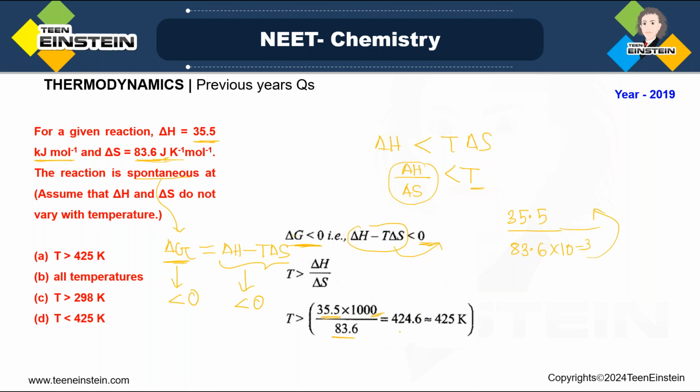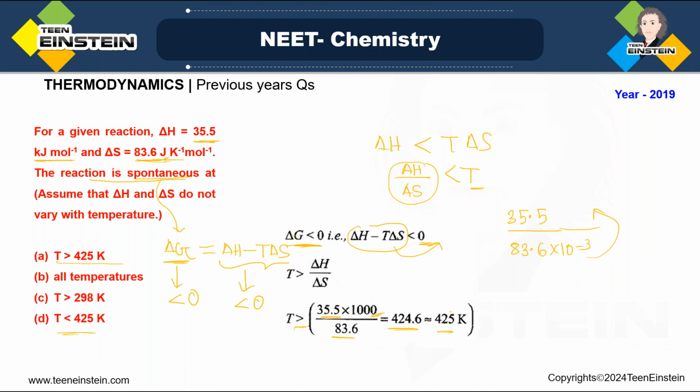So after finding this ratio, which is 424.6, the nearest value is 425, because in the options it is given as 425. There is no decimal, but it has to be greater than. Be very careful whether it is greater than or less than, because the question is asking the reaction is spontaneous at which temperature? Is it T greater than 425 or T less than 425?